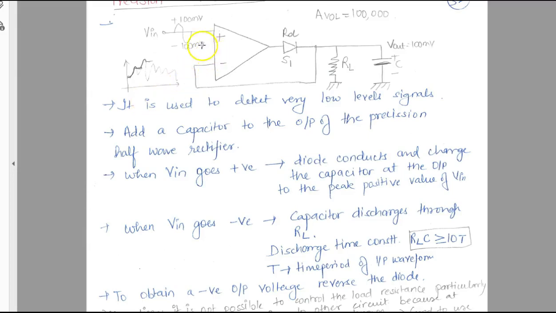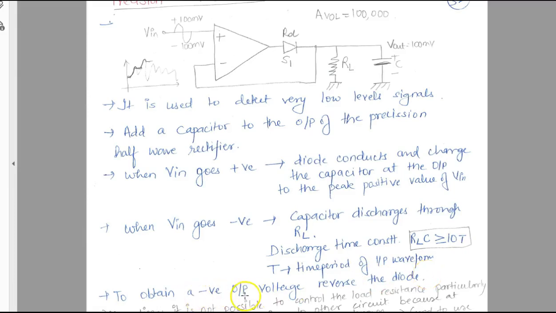When your input voltage is less than this voltage V, your capacitor will discharge through this load resistance, and your discharging time constant will be given by this: the RLC discharge time constant, where T is the time period of the input waveform.